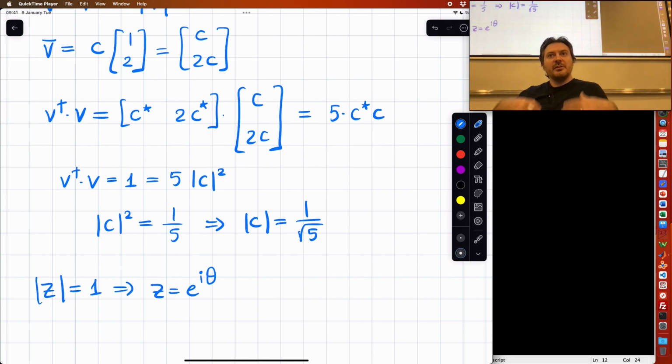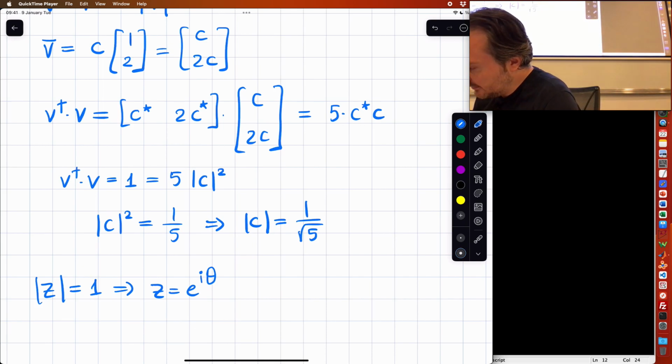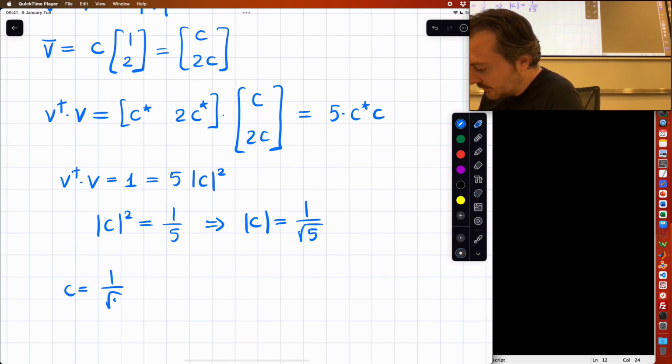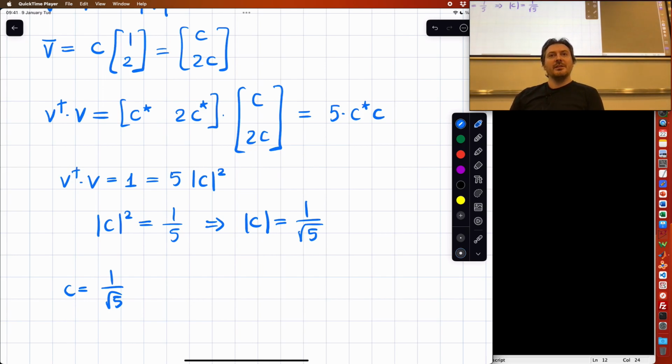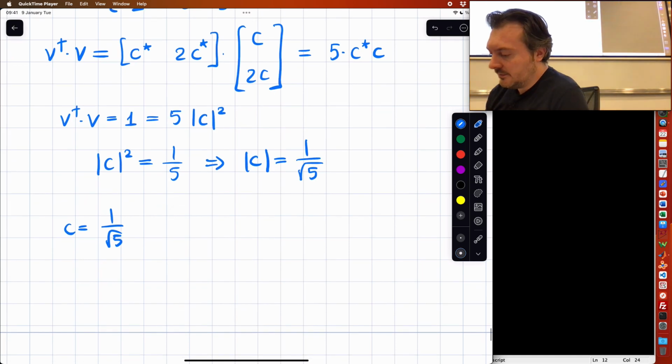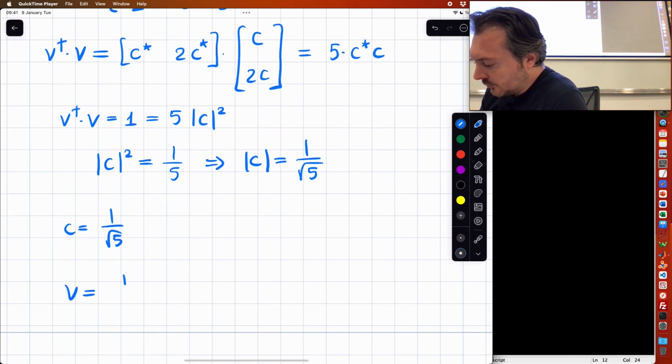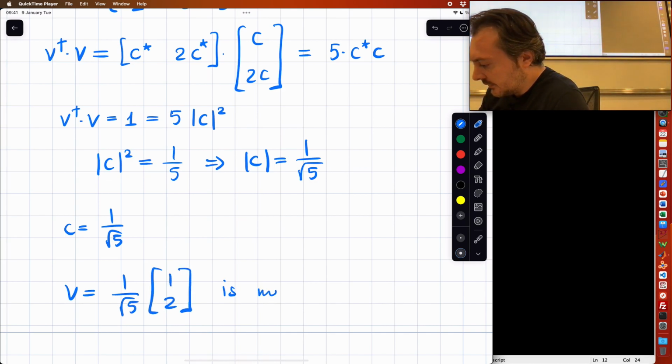In this course and the midterms and also in the lectures, I will usually forget about it and will just write C equals 1 over square root 5. Okay, do we have a deal? Because that's also one of the solutions, and we don't want to confuse ourselves every time with phases. Okay, so I will just write down. So hence, this vector V equals 1 over square root 5 times 1, 2 is normalized.